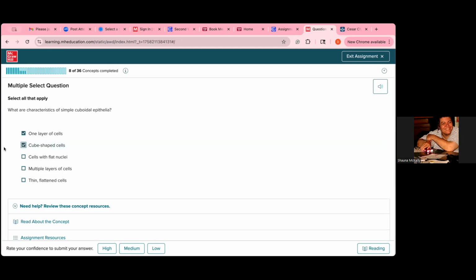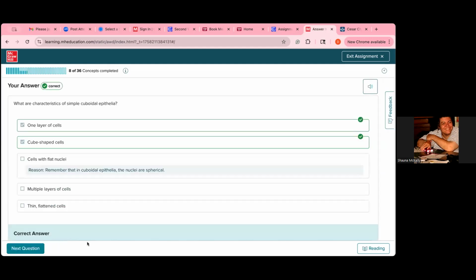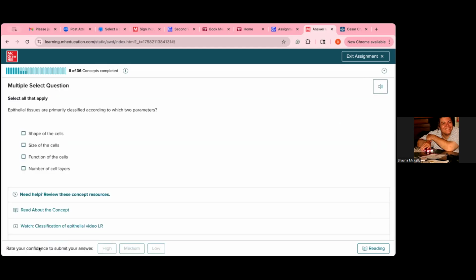And no, they have round nuclei. So I think it's just those two, because they don't have flat nuclei. And it's not multiple layers, it's a single layer. So try those and see. I think it's just those two from that. Okay.